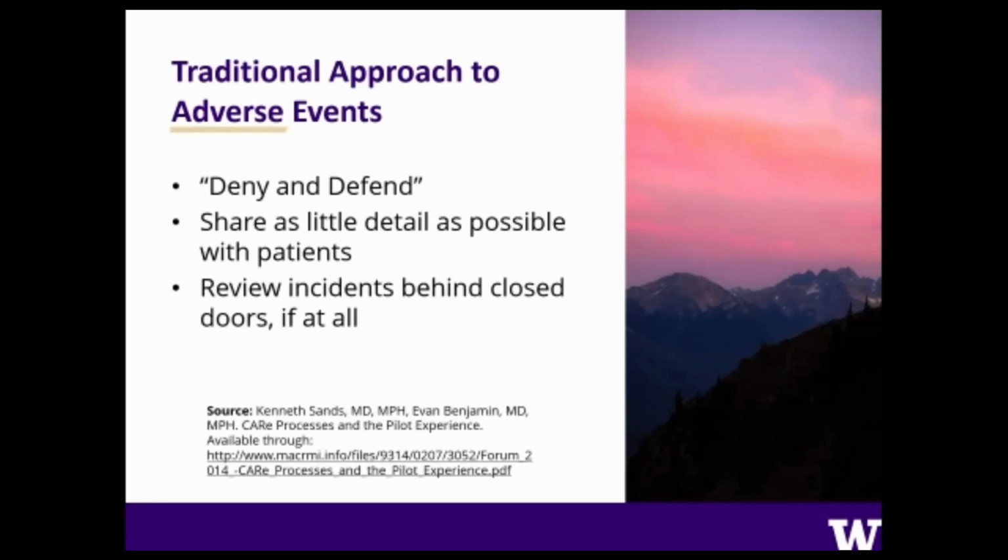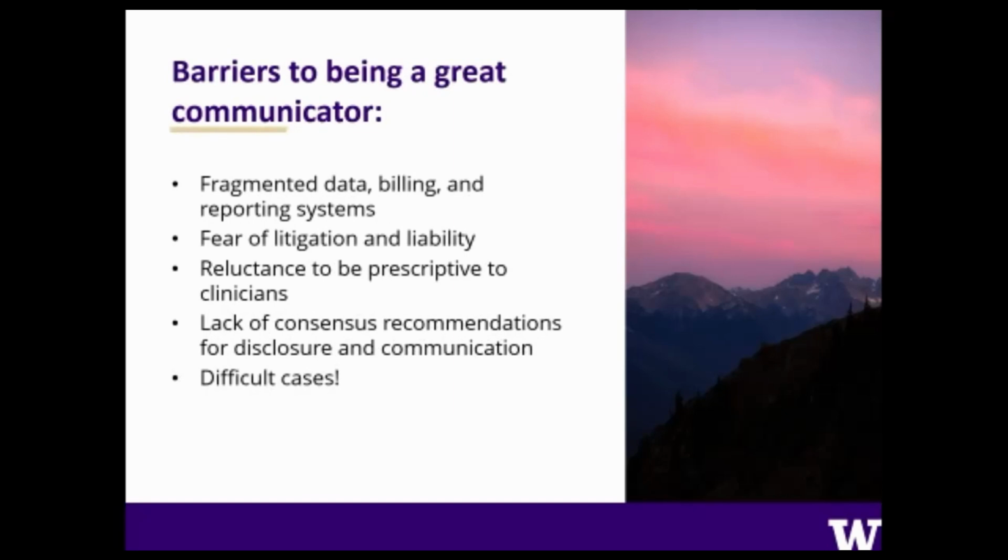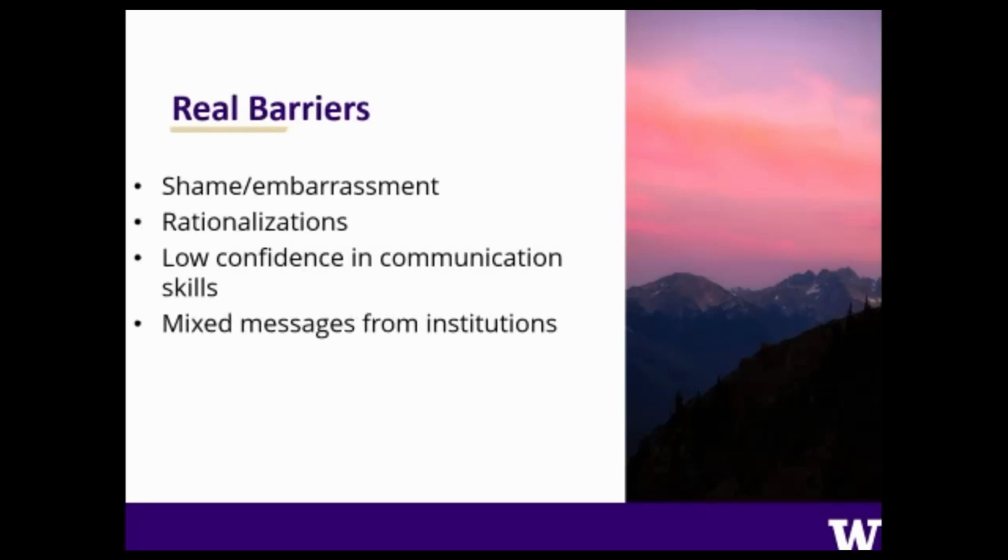Well, traditionally, the institutions have been kind of a deny and defend, share as little detail as possible, review incidents behind closed doors. That's been changing, but we still have a lot of barriers, including these really fragmented data and billing reporting systems, lack of consensus recommendations, fear of litigation, and really difficult cases, right?